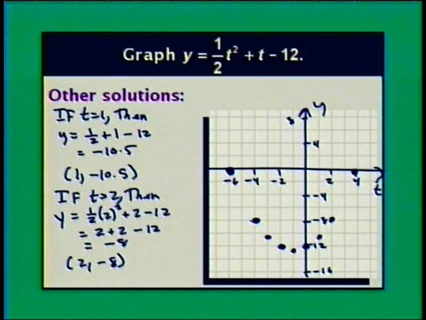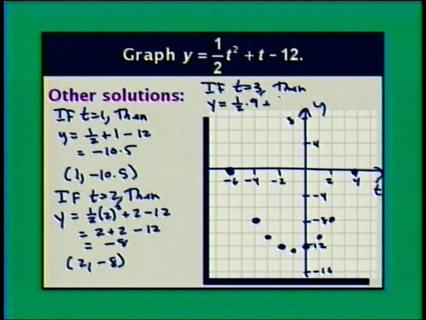How about if t is 3? Well, let me just do my calculation up here. If t equals 3, then y equals 1/2 of 9, that's going to be 9/2, plus 3 minus 12. So I have negative 9 plus 9/2.